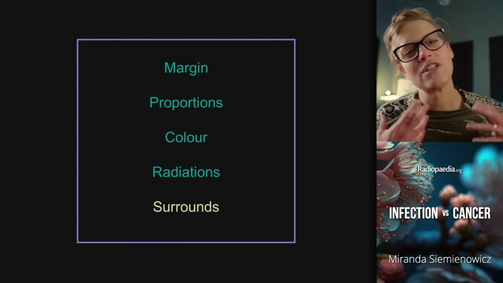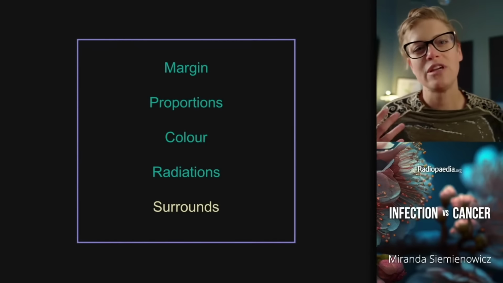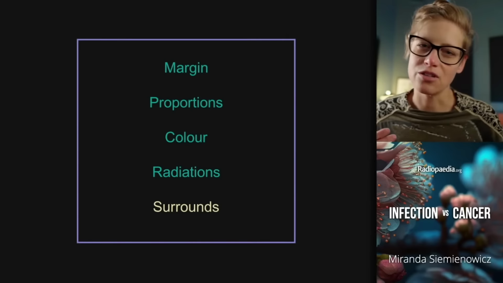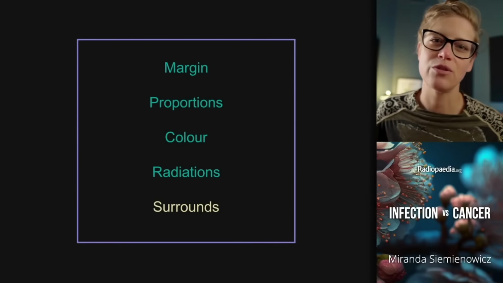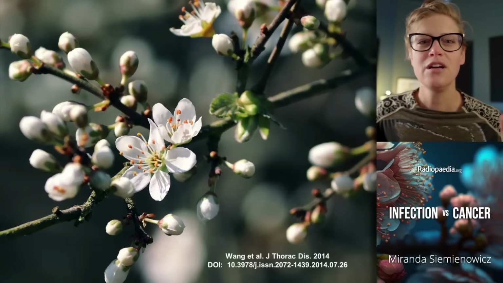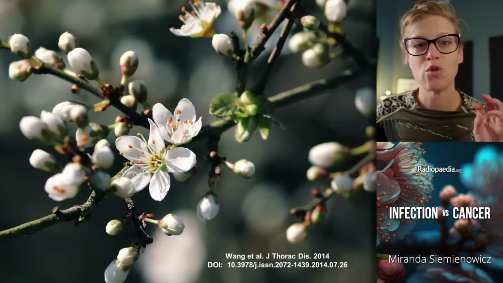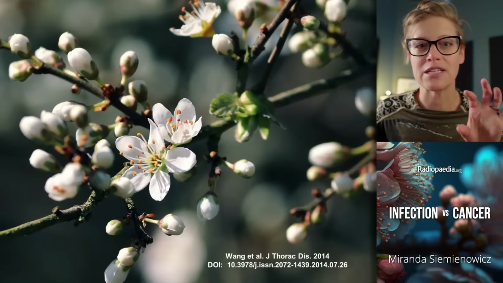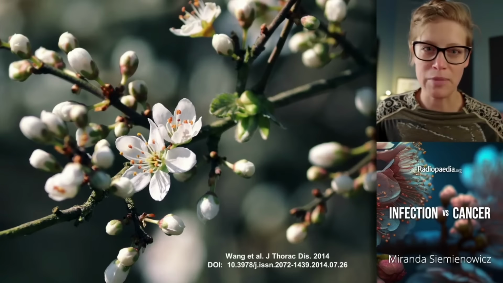When we talk about the lung surrounds, we're looking for those features that we're familiar with interpreting in the context of infection. So we're looking at consolidation, we're looking at ground glass opacity, we're looking at tree and bud opacity. This paper that described the corona radiata described morphology of nodules as clustered, as being benign.